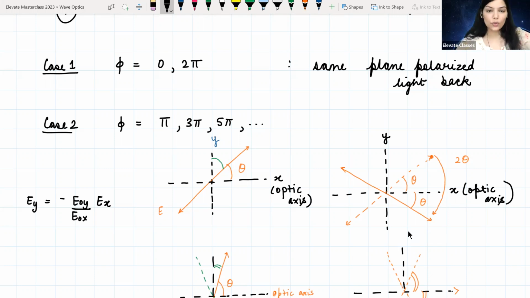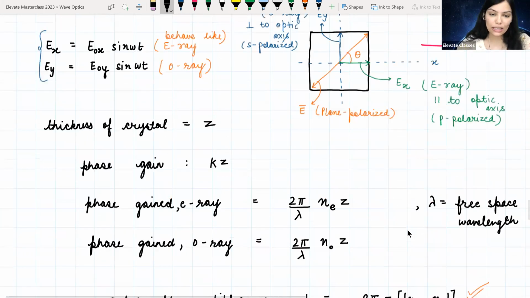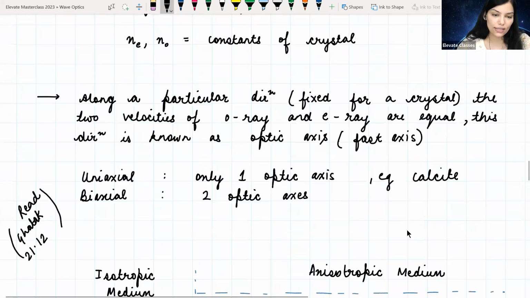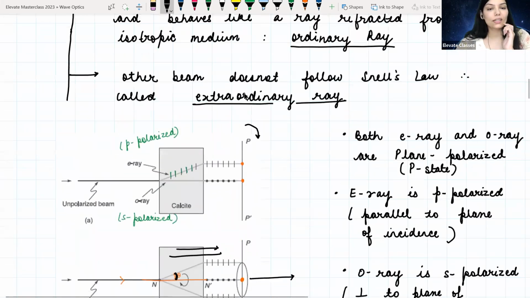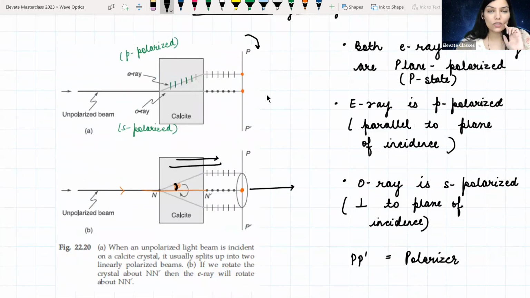Yes, because if you remember, when we started the class initially, see this diagram. Here we described the E ray and O ray in terms of their vibration also. We said that the vibration of the E ray is in the plane of incidence. It's going like this. And for the O ray, it is perpendicular to the plane of incidence.